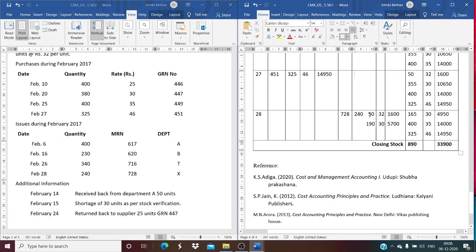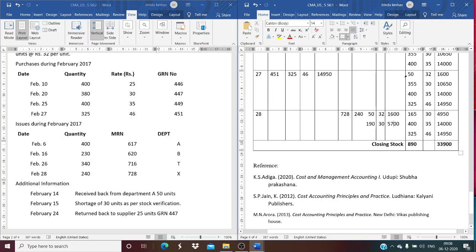So 50 units will be issued at rupees 32 per unit, and 190 units will be issued at rupees 30 per unit. So two items here, 50 at rupees 32, 1600, 190 at rupees 30, 5700. Total it is 240 units.